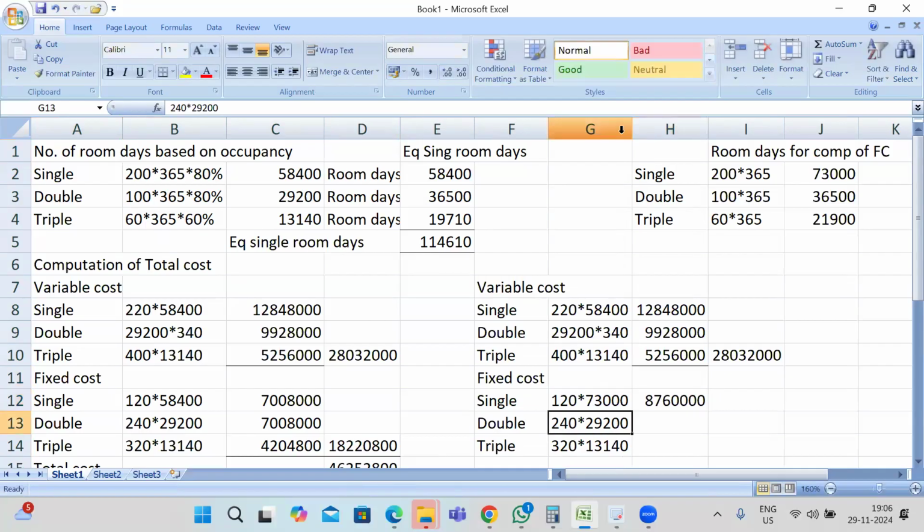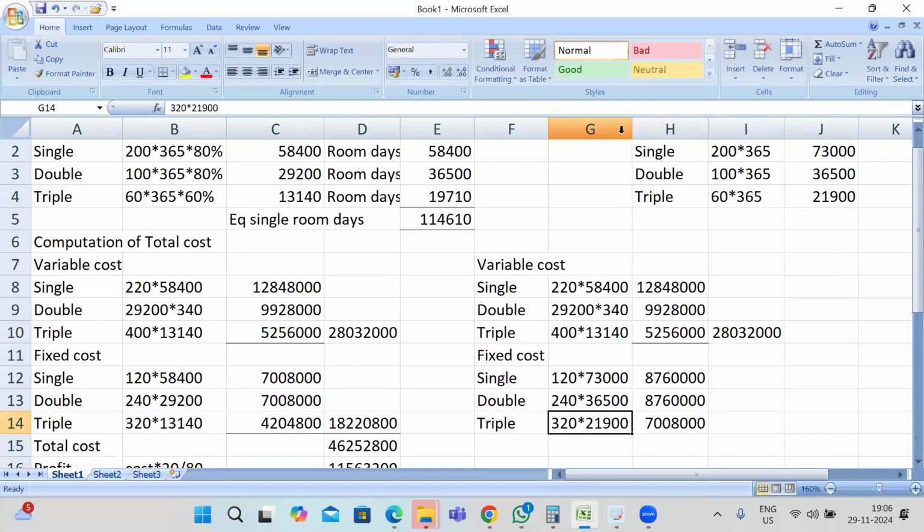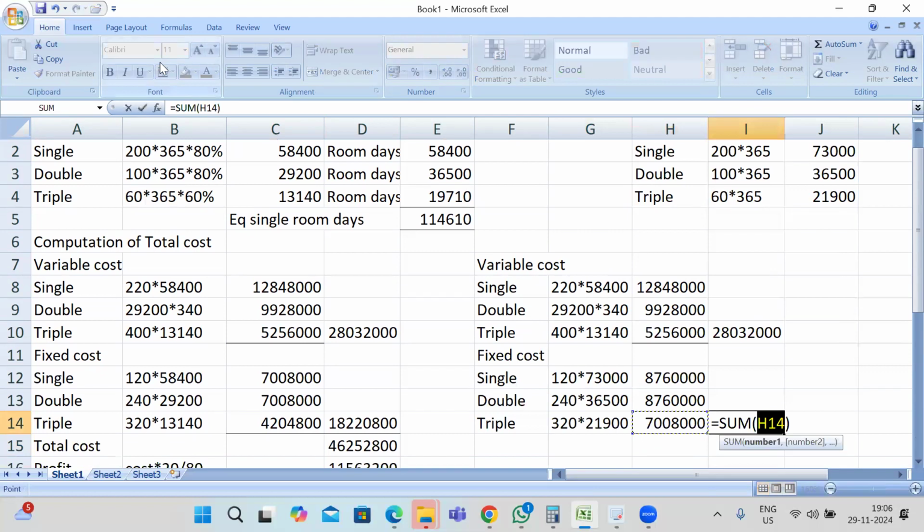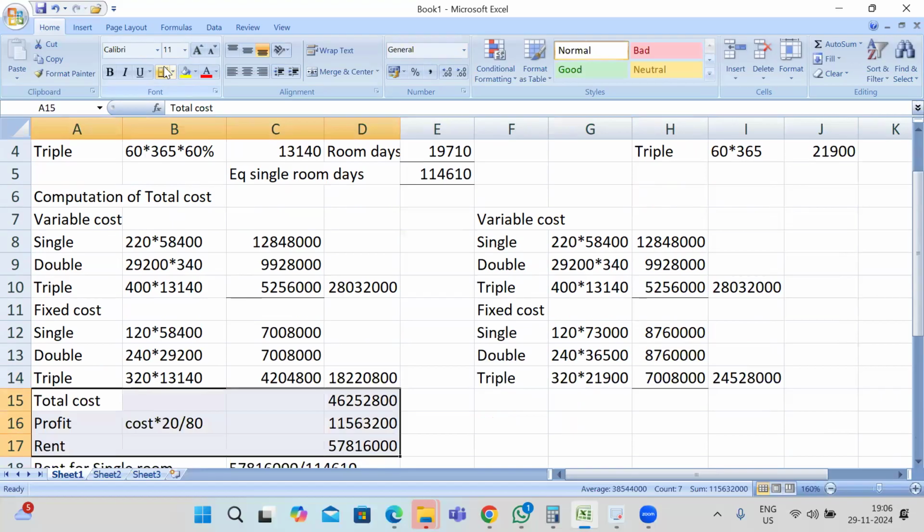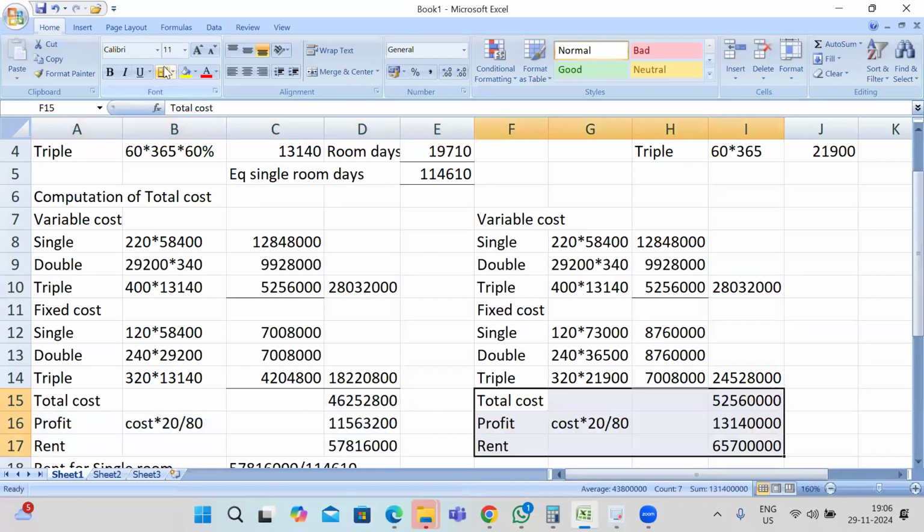So in either way you can calculate. Then 240 into 36,500. Then 320 into 21,900. So my fixed cost will be this one. And total cost, profit, everything in the same way I have to calculate.